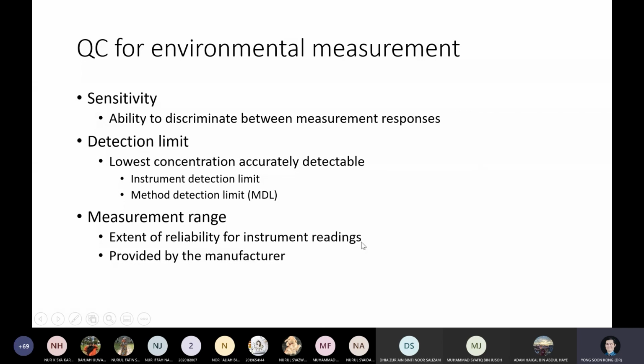But to overcome this problem, we have a QC procedure in place to see how consistent it is. Instruments that keep measuring for a long time may change in terms of measurement and are no longer accurate. A QC procedure can be implemented to measure these changes and also to correct them.